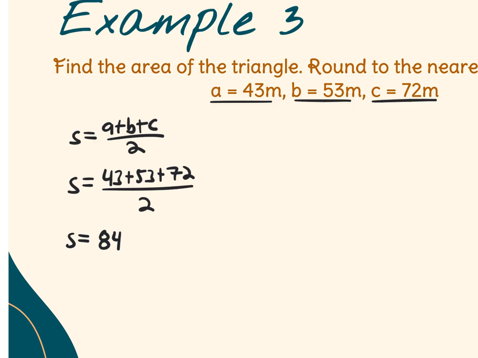All right, so your semi-perimeter is 84, and then when you plug this into your formula, keep in mind the formula that we're using is s times s minus a, s minus b, s minus c, and then you can take a square root.